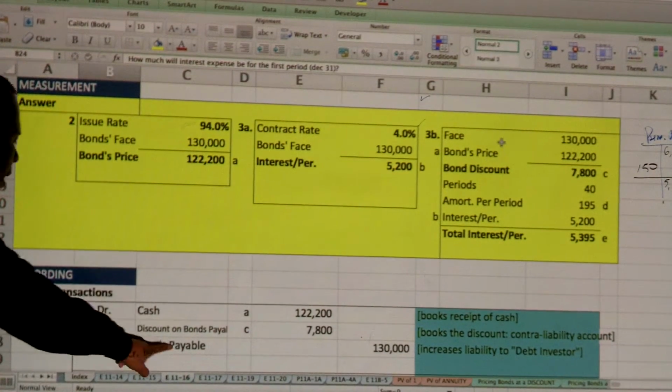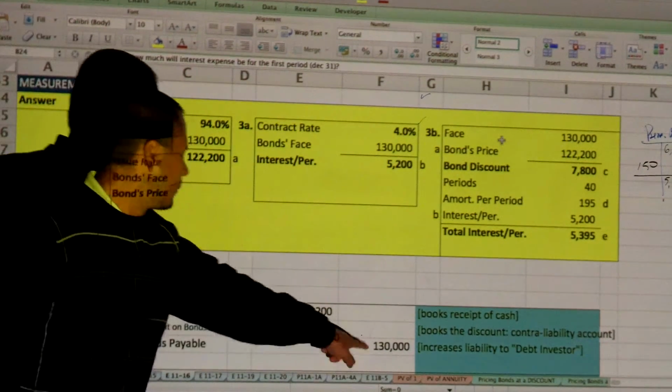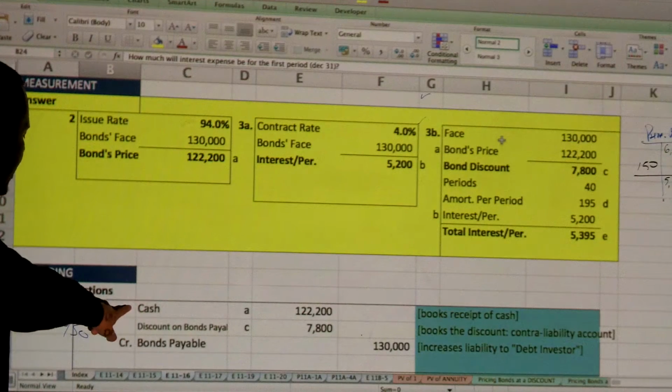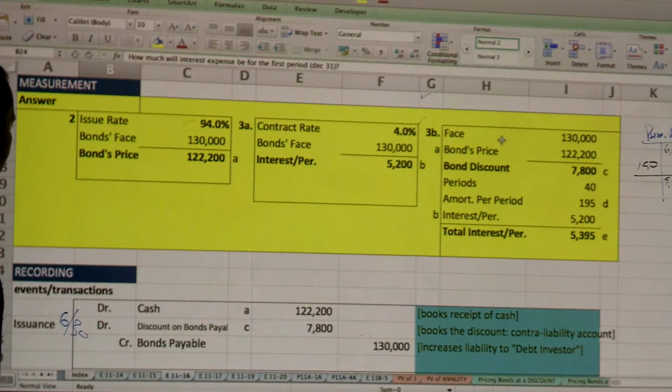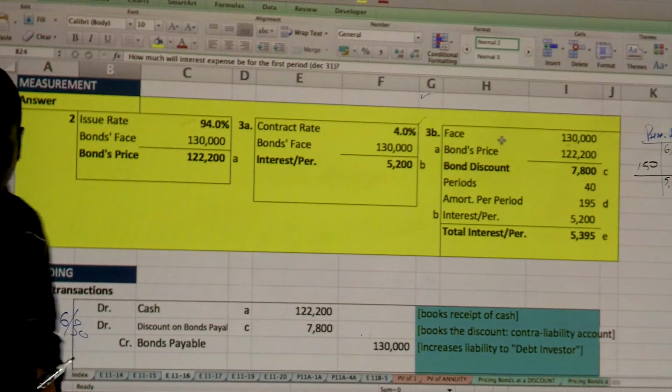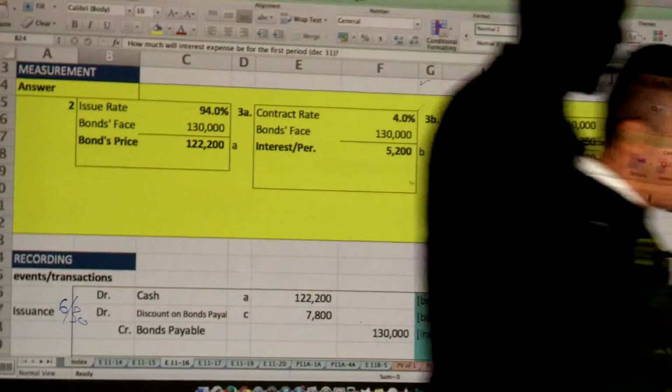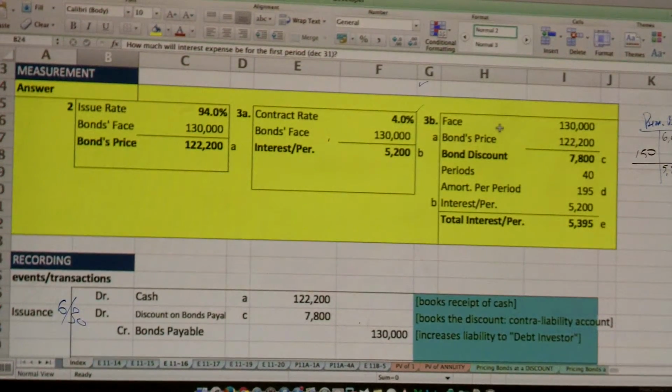We are issuing bonds with a face of 130, that's given. The cash proceeds, meaning the price that we sold these bonds for, is based on the 94 given to us as the issue rate. Let me make sure that's correct. That's correct, yeah, 94.